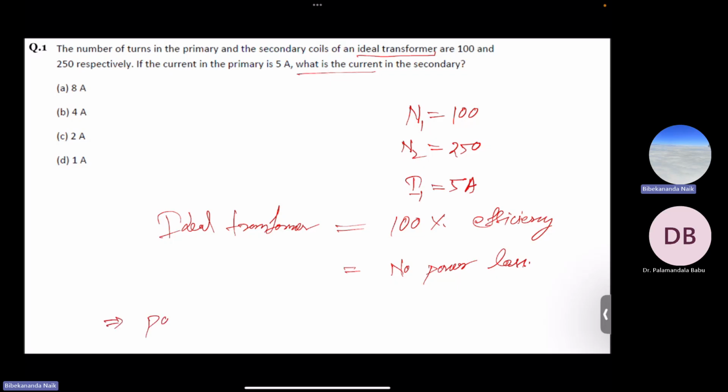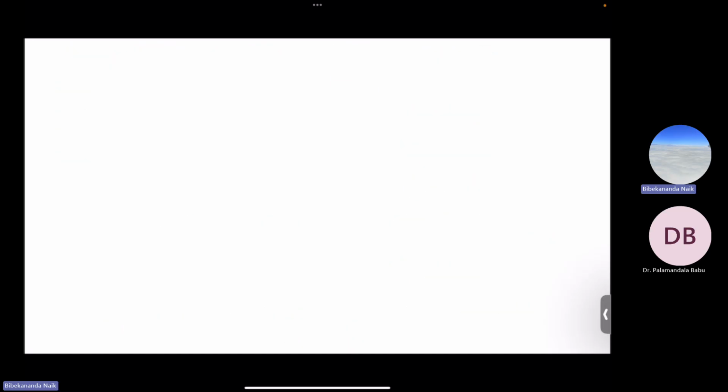So power in primary is equal to power in secondary. That implies VP IP equals VS IS. We know power is given by voltage into current. Here P means primary and S means secondary.